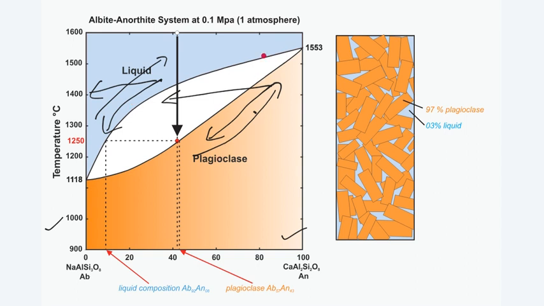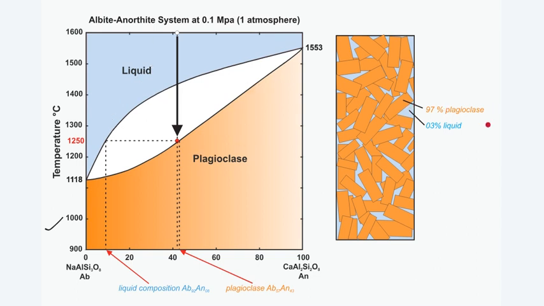Suppose here, at this point it is crystallizing from this point to this point. We have 97% of solid plagioclase formed. If it is fractional crystallization, that means we don't keep that 97% of solid plagioclase here.